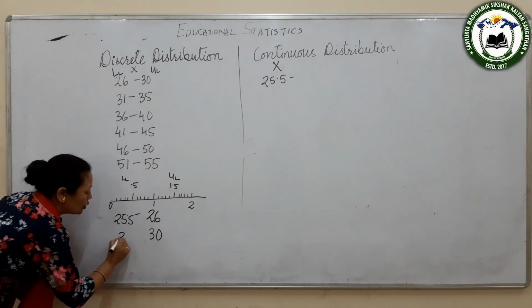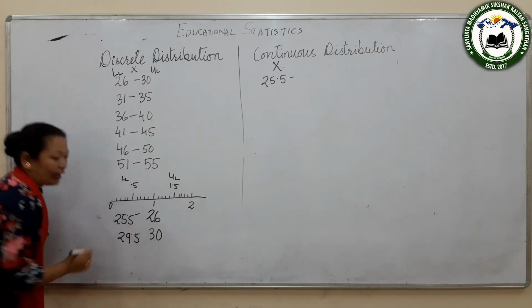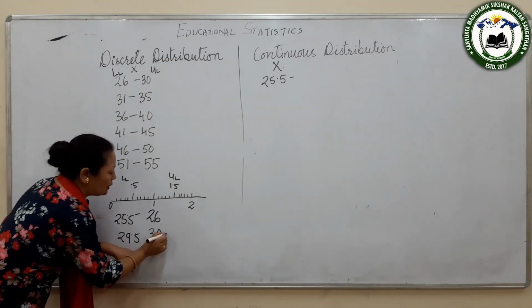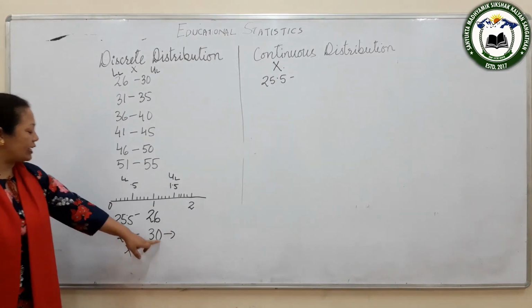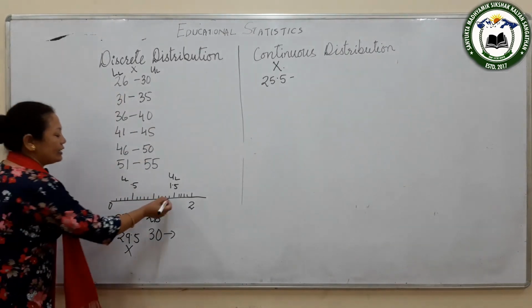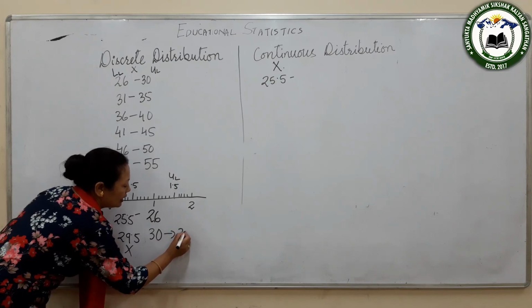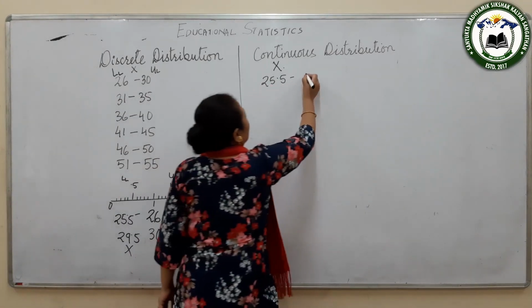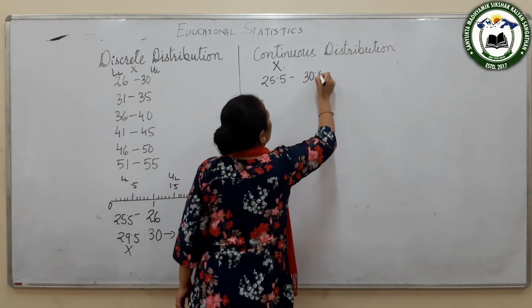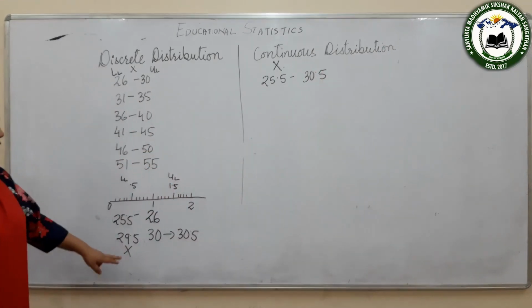That means 29.5. But you don't need the lower limit, you need the upper limit of 30. So the upper limit of 30 is 30.5. So 30.5 is my upper limit.